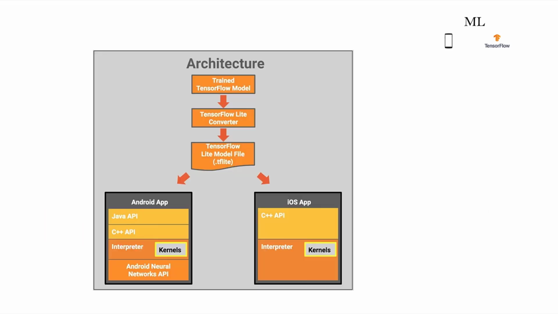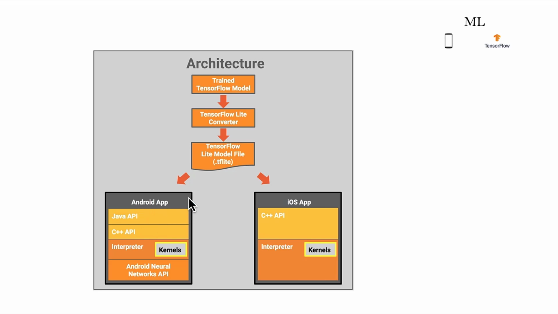Similarly, you can understand the importance of TensorFlow Lite with the help of this diagram. There you can see we got this box which is indicating a trained TensorFlow model. This is our trained model which we can use on desktop or web, but we cannot use it inside mobile. So now here we use the converter of this TensorFlow Lite library, and it converts our model into this TFLite format. And now we can use this model inside our mobile applications, like here we can use it inside Android or iOS.